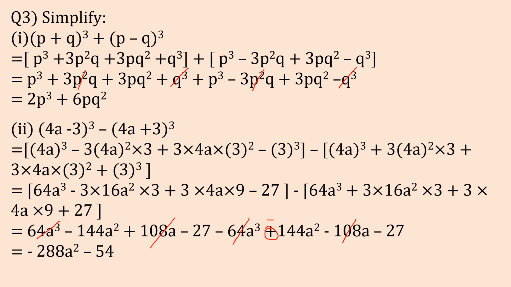So now let's move to our next part. So what is the next sum? The next sum is (t plus 2m plus n) the whole square plus (t minus 2m plus n) the whole square. We'll use, students, here the formula (a plus b plus c) the whole square, and here also the same formula (a plus b plus c) the whole square.